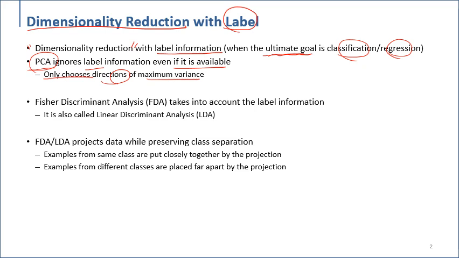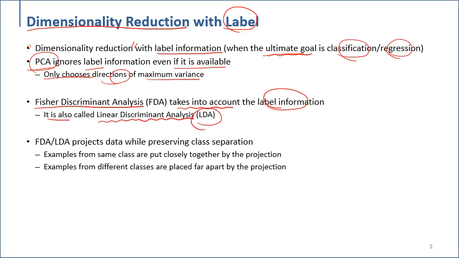On the other hand, Fisher discriminant analysis takes into account the label information. So we consider label information, and the case of Fisher discriminant analysis is also called linear discriminant analysis.